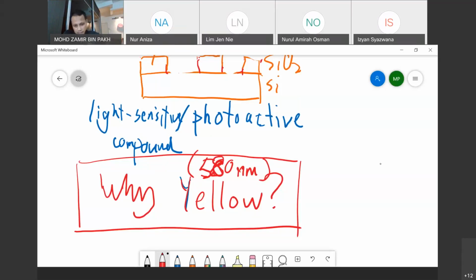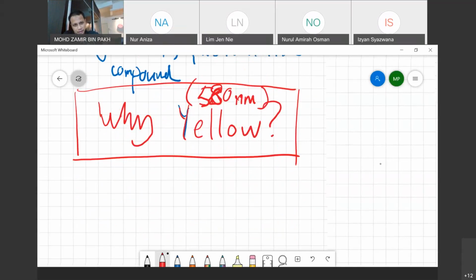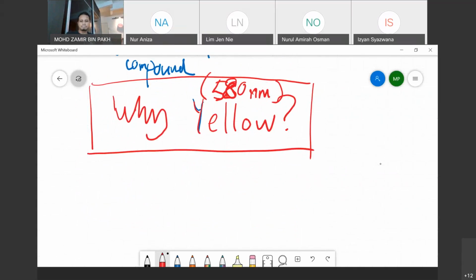Apa akan jadi kalau you tak pakai yellow light? Try to relate that to the illumination source of your scanner system and what is it actually doing. Apa akan jadi if you use visible light? What is in the visible light? What color and wavelength do you have in visible light?